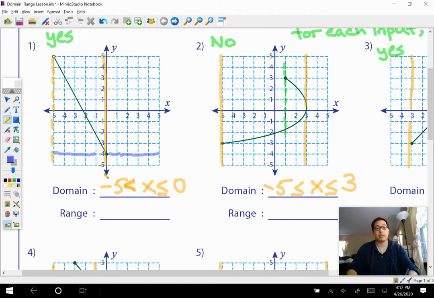They're the up and down axis here. So what's the lowest y value and what's going to be the highest y value for this graph? Okay, so it looks like the lowest part of this graph is -4. And what's the highest y value? Well, it goes all the way up to +5 here.